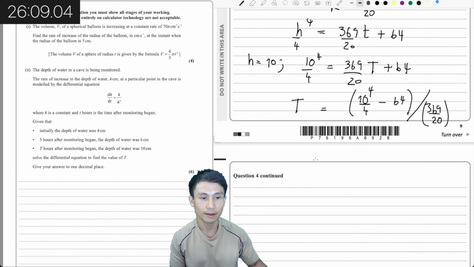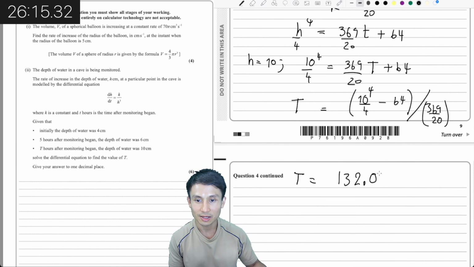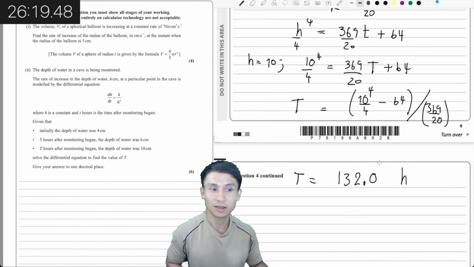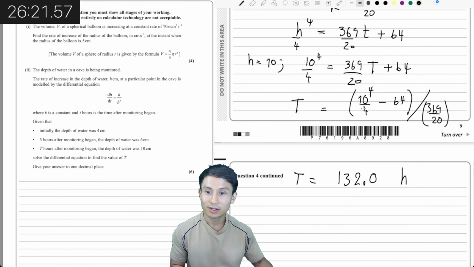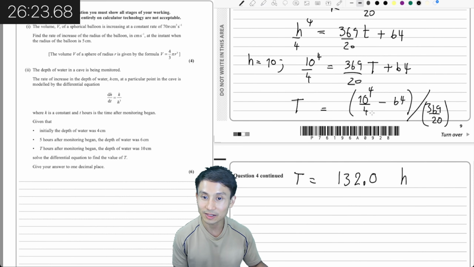Here we go. So t is just 132.0 to 1 decimal place. That's quite a lot of hours. Yep. Well, let's find out if there's anything wrong with this.